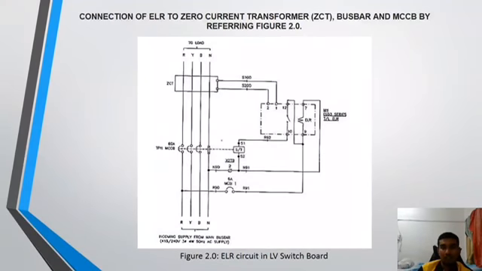Next, the MCCB tripping signal is connected from terminal output pin 10 of the earth leakage relay. After that, the auxiliary power supply for the earth leakage relay is fed from bus bar live 1 and also neutral, at ELR terminal pin 7 and 9.